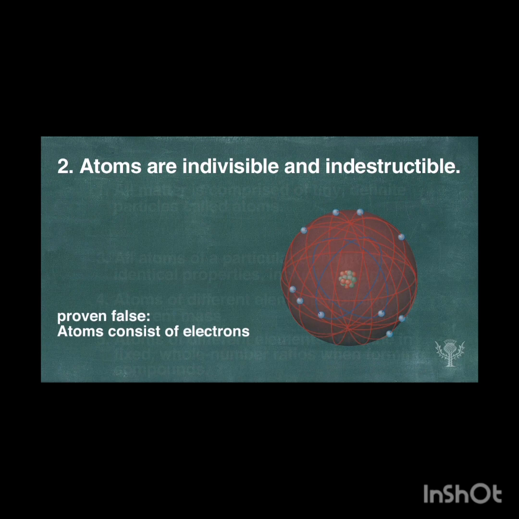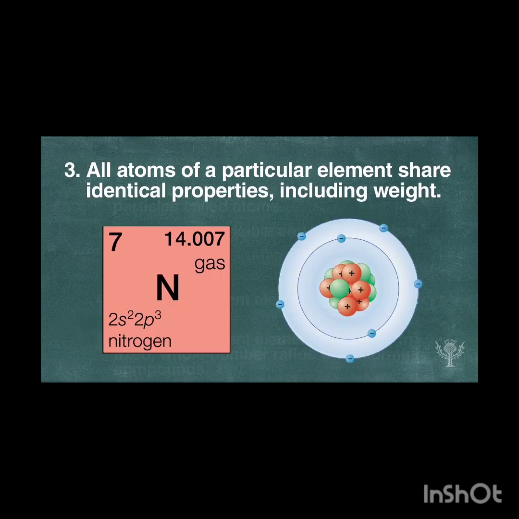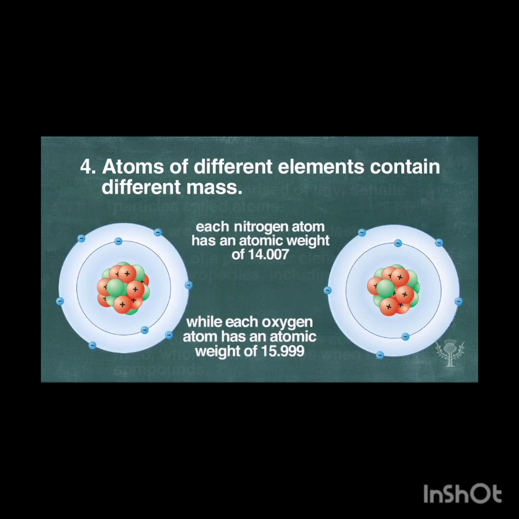So atoms are indivisible. The third point is: all the atoms of a particular element share identical properties, including the weight. For example, we will take nitrogen. In nitrogen, all the atoms will have the same atomic weight, atomic mass. If you take all the atoms in a particular element, they will have the same properties, whereas if it is a different element, its properties also vary.